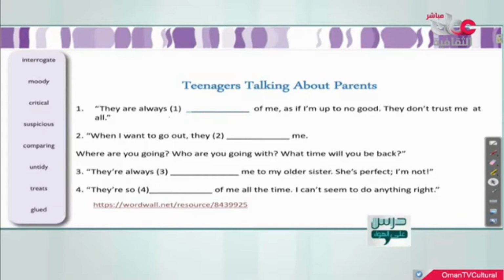They are always dash of me, as if I am up to no good. They don't trust me at all. The key words here are no good and don't trust me. One of the words on the second side gives us the meaning of not trusted, which is suspicious. So the answer should be suspicious.